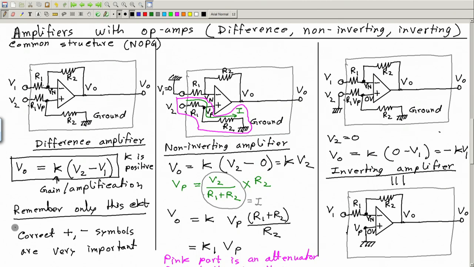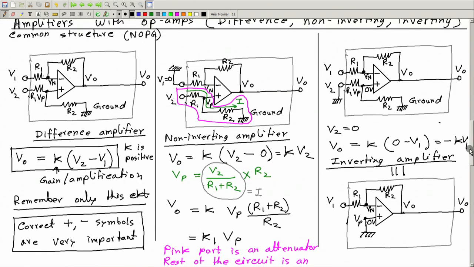Otherwise the circuit will not work, you will not get correct answers in the exam. So plus minus symbol is something you must put correctly, and we will also see as we go on why so.